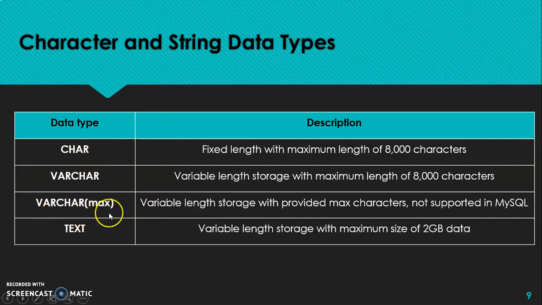This is variable length, but the maximum characters are provided through this max. Whatever value you assign here will be the maximum allowed. This data type is not supported in MySQL. Then we have text. This is variable length, and the maximum size of data it can hold is up to 2 GB. So this is the character and string data type.